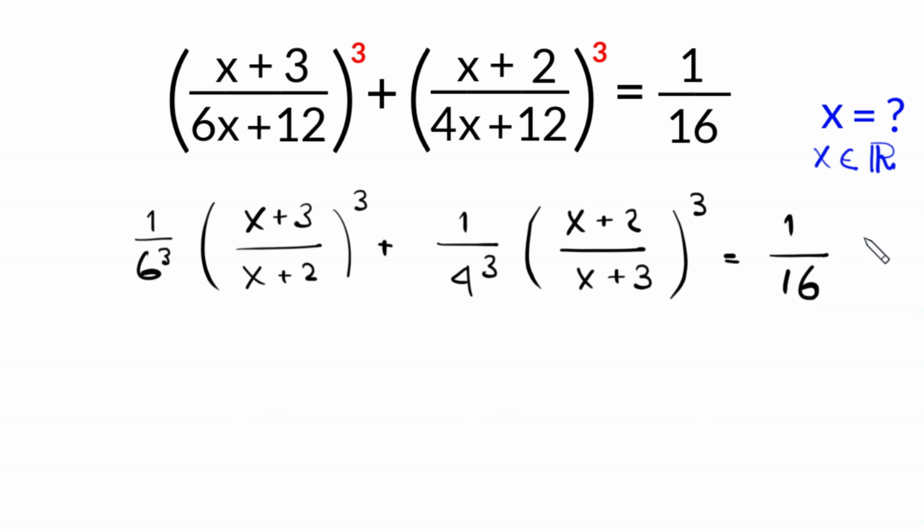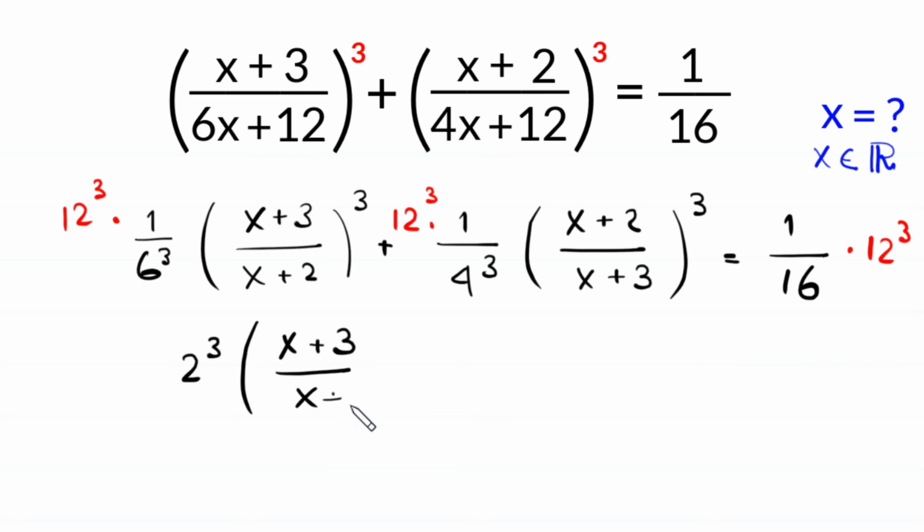Now we multiply both sides by 12 cubed. We multiply each term by 12 cubed. So 12 cubed divided by 6 cubed will become 2 cubed times ((x+3)/(x+2)) whole cubed.